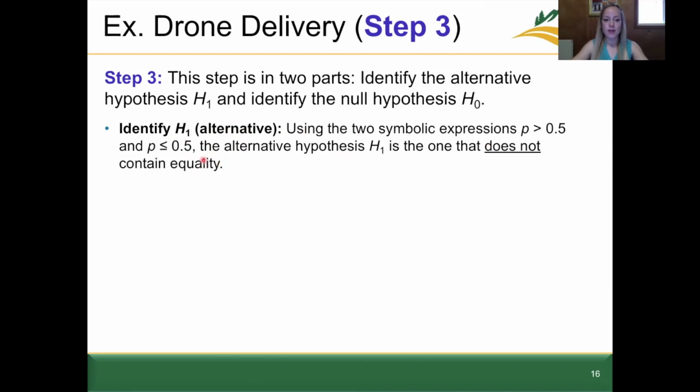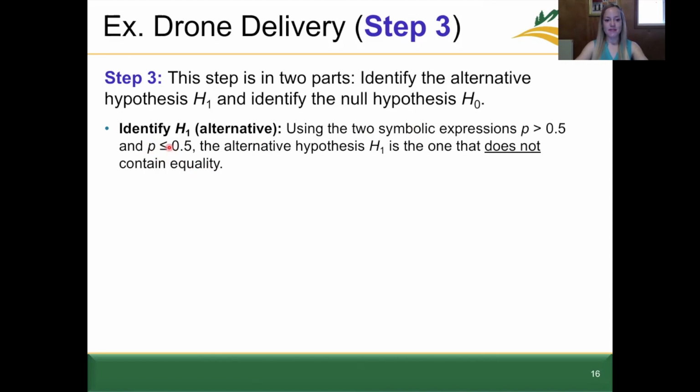Here, equality is not represented by a true equal sign, but it's seen in this notation, less than or equal to. In other words, less than or equal to also contains an equality, as would greater than or equal to. But this one, P is less than or equal to 0.5, does contain the equality. What's recommended in step 3 is to write out our notation from step 2, then identify the one that does not and the one that does contain the equality.